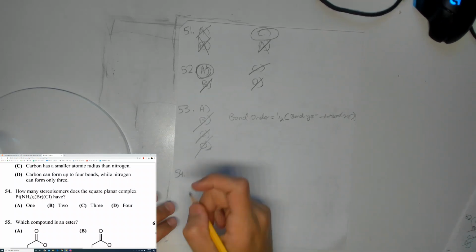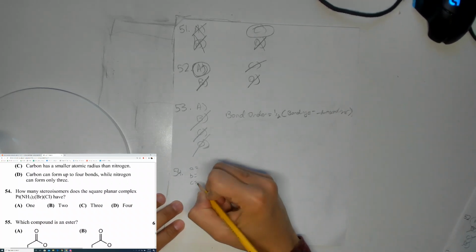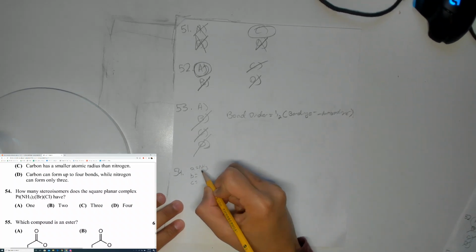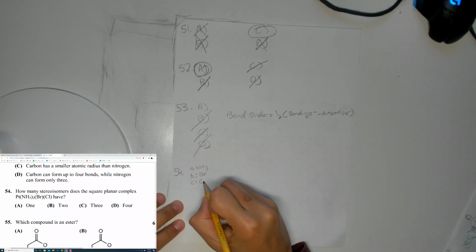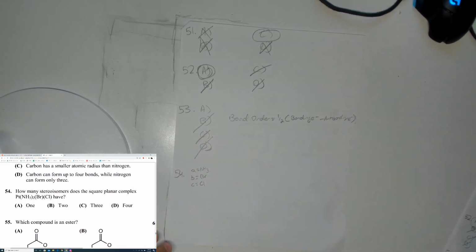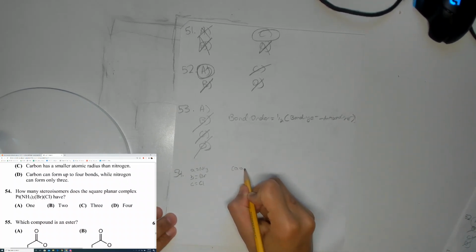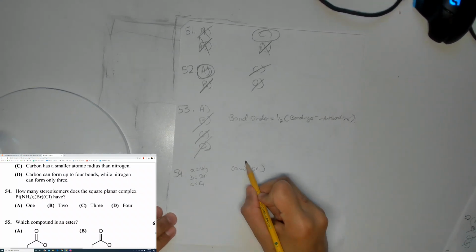So we're going to list out our key. Our A is going to be NH3, our B is going to be bromine, and our C is going to be chlorine. Now you're going to group them into parentheses like (A, A), (B, C), and this means that these are opposite from each other.